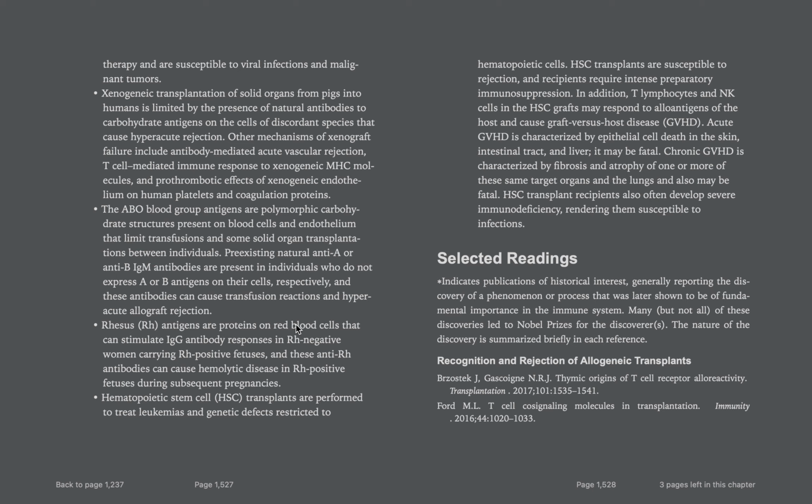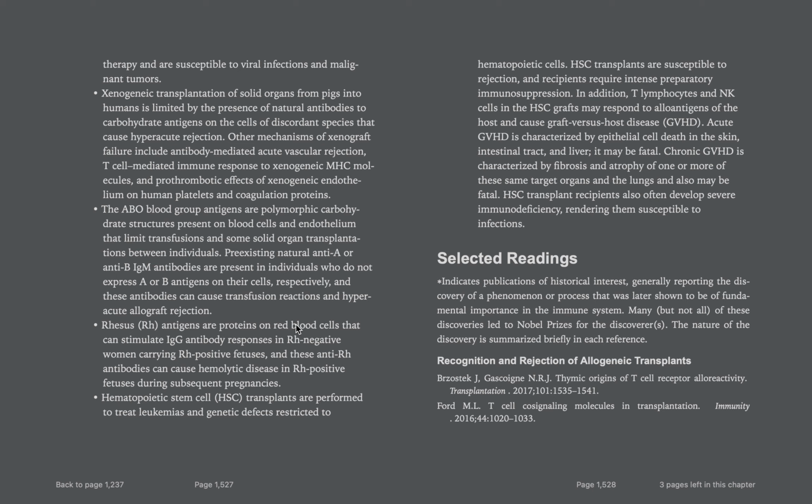Xenogenic transplantation of solid organs from pig into human is limited by the presence of natural antibodies to carbohydrate antigens on the cells of discordant species that cause hyperacute rejection. Other mechanisms of xenograft failure include antibody-mediated acute vascular rejection, T-cell mediated immune response to xenogenic MHC molecules, and the prothrombotic effect of xenogenic endothelium on human platelets and the coagulation proteins.